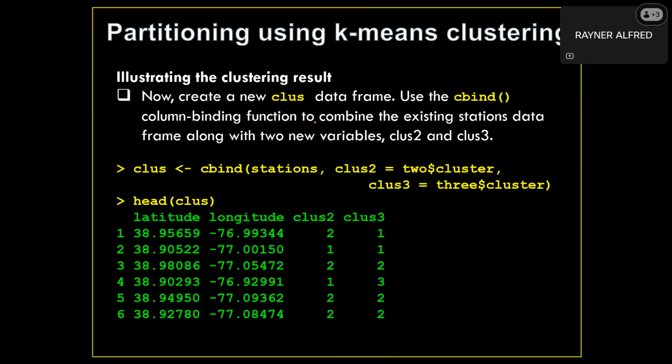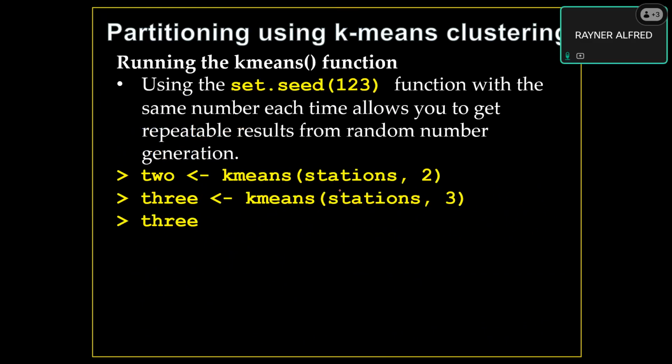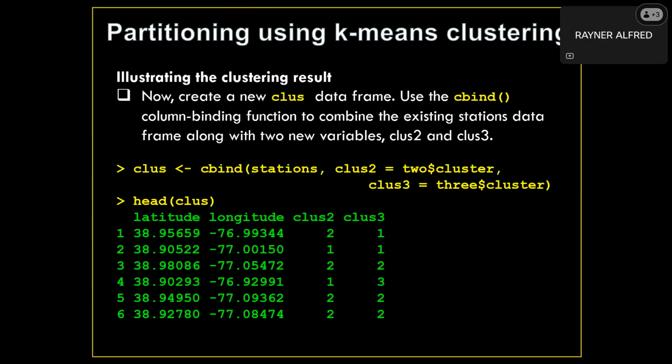So okay, once we cluster them, this one only gives you the cluster membership. For example, this 3 will give you all these numbers. So our objective is to combine this with our original data. So this is our original data. We will combine with the result of 2 cluster and 3 cluster.